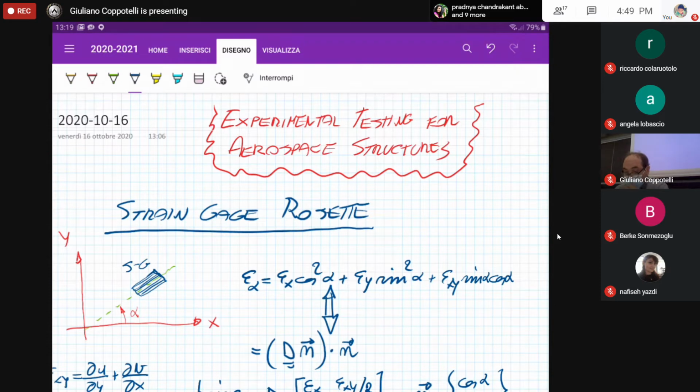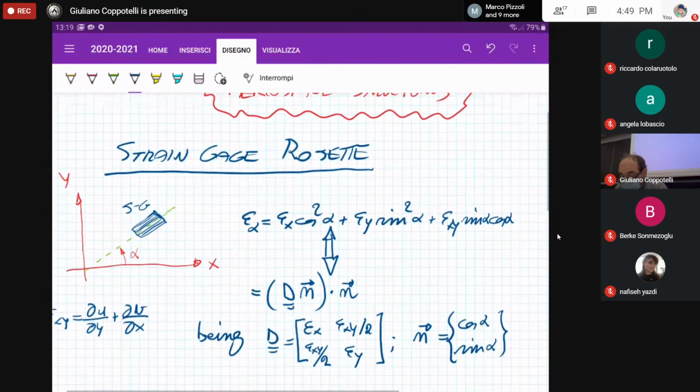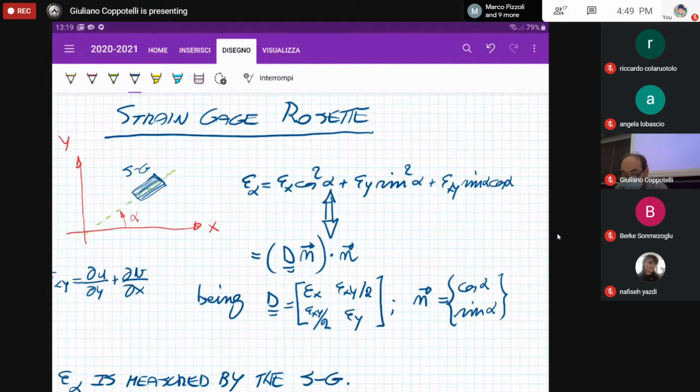Okay, so let's start our class. Today we are going to see some more details on the strain gauge rosette that we introduced last class. Just to remind you, the strain gauge rosette comes from this observation.